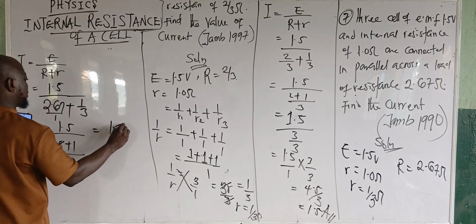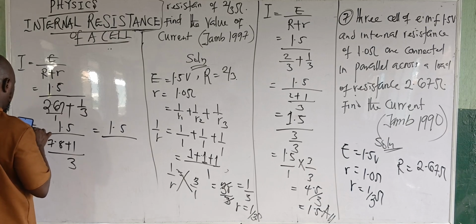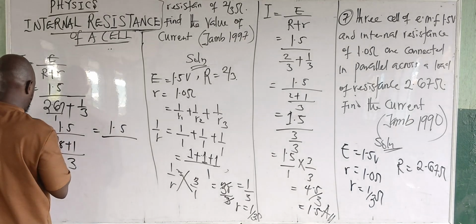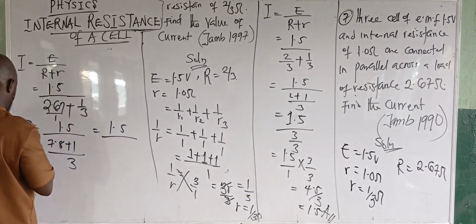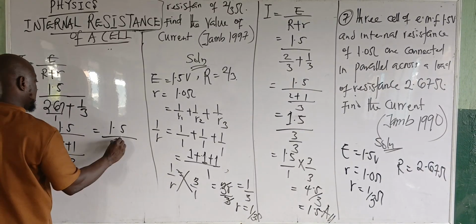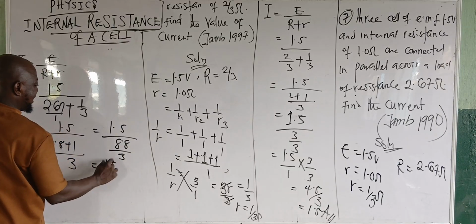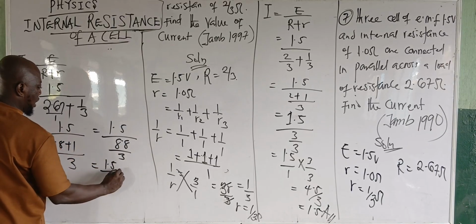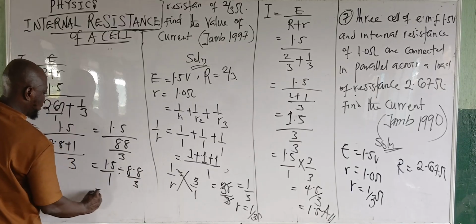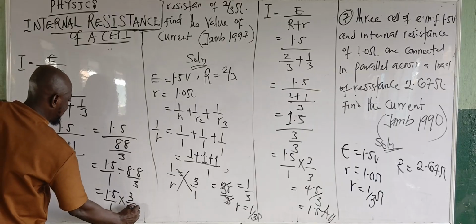So all this one will give us 1.5 all over divided by 3. These are together, don't forget. So I will put divided by 8.8 divided by 3. So 1.5 over 1 times 3 over 8.8.